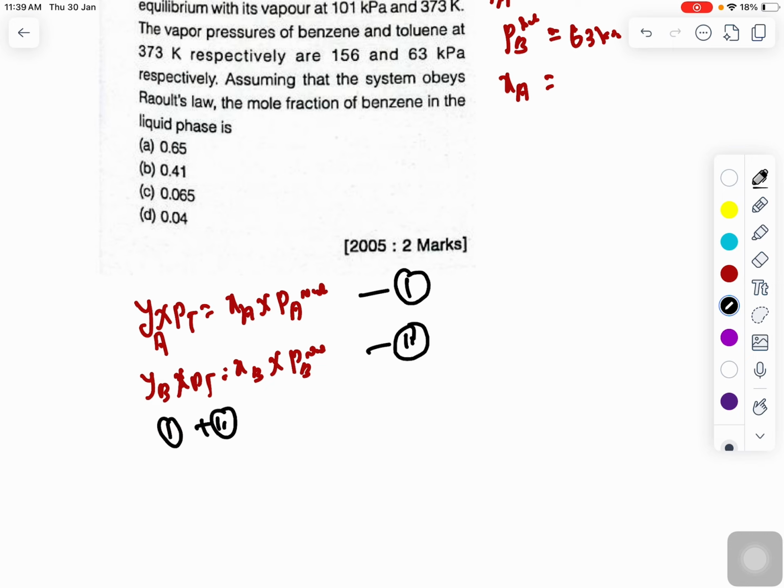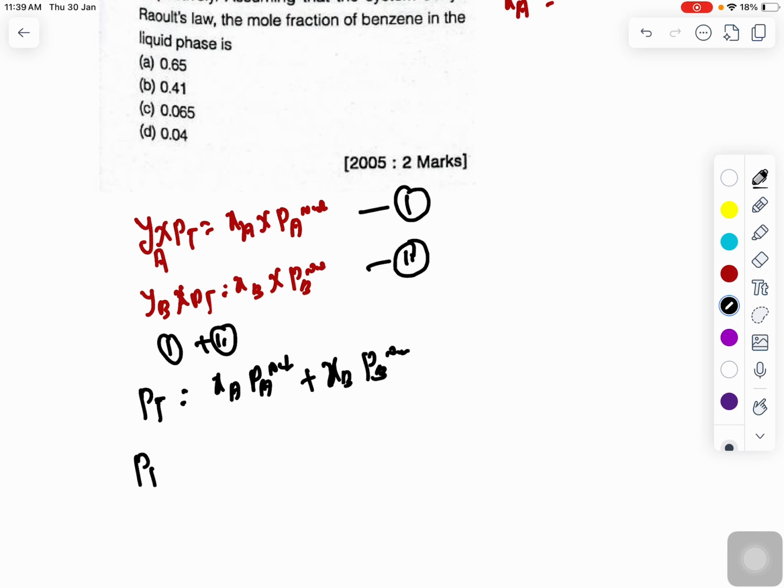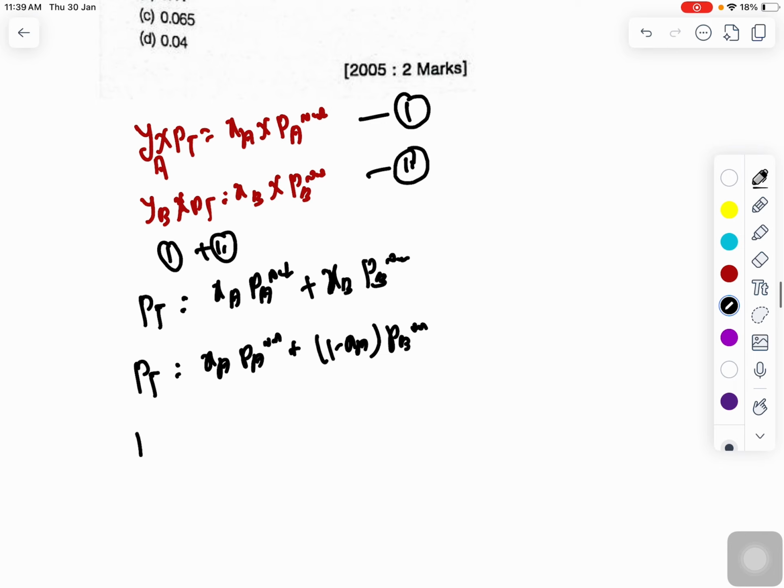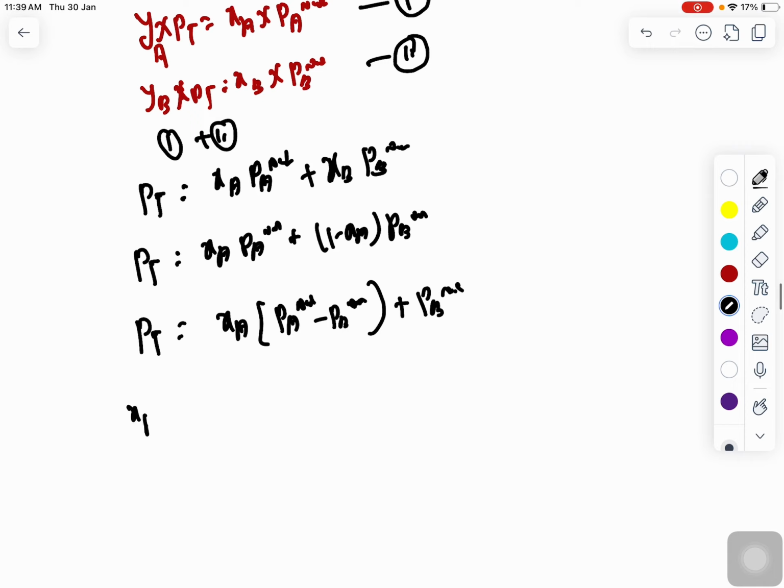If I add equation first and second, we can get PT is equal to XA PA sat plus XB PB sat. So from here I can write PT is equal to XA PA sat plus (1 minus XA) PB sat. So if I take XA common, PT is equal to XA (PA sat minus PB sat) plus PB sat. So here you can calculate XA will be equal to PT minus PB sat divided by PA sat minus PB sat.